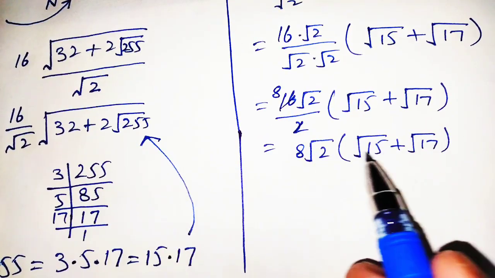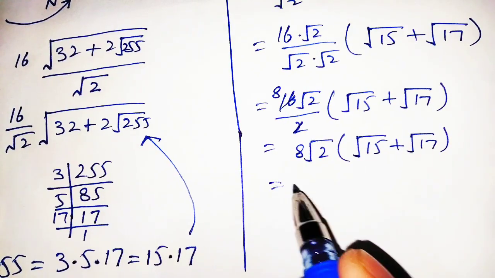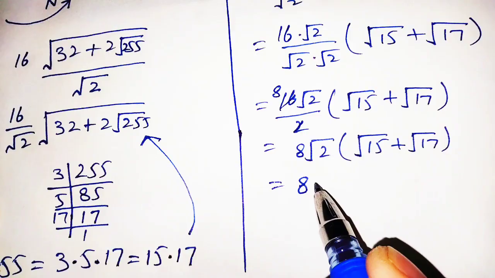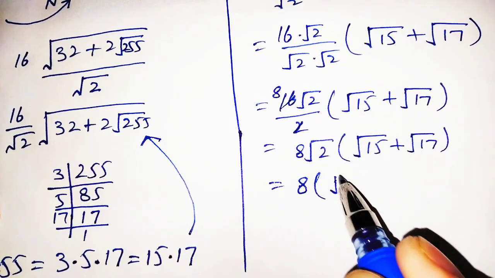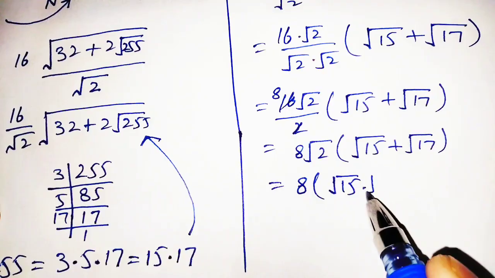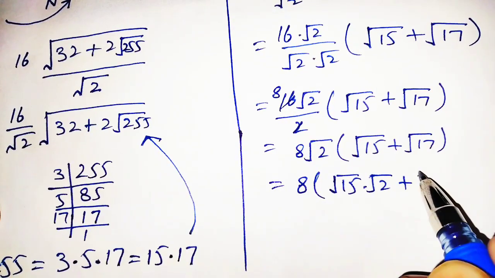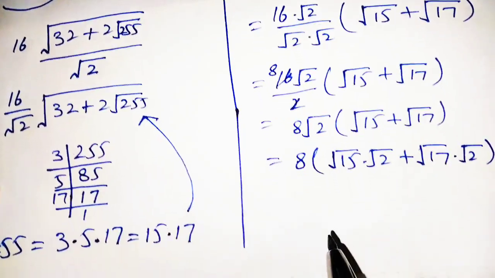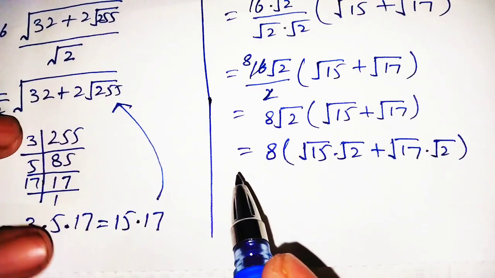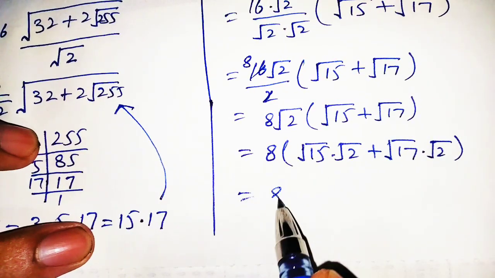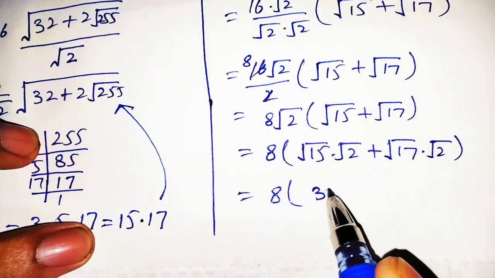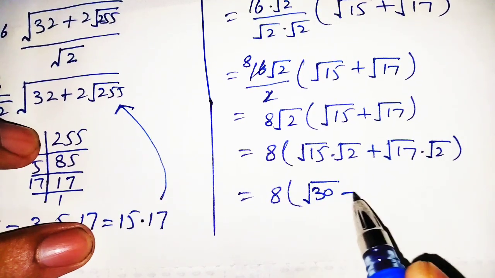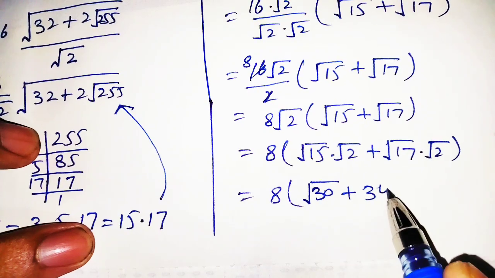Now this square root of 2 will multiply with the inside of the bracket and we will get 8 times square root of 15 times square root of 2 plus square root of 17 times square root of 2. Now it will become 8 times square root of 30 plus square root of 34.